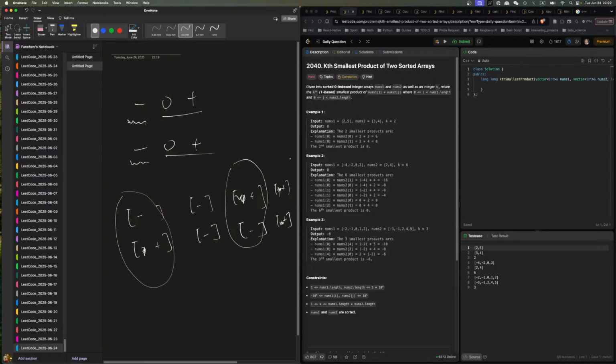Okay, they might merge, and that is really troubling. Like how do we merge?